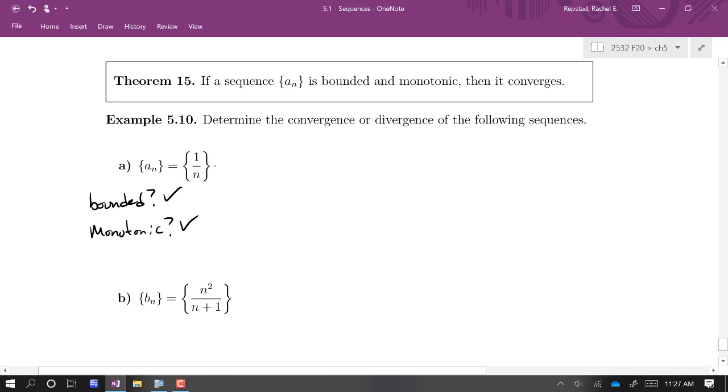The top stays constant, and as n gets bigger, the denominator gets bigger, so those fractions shrink. That means this sequence converges. And of course, if you work with it for a few seconds, you can evaluate the limit and determine that it converges to 0.